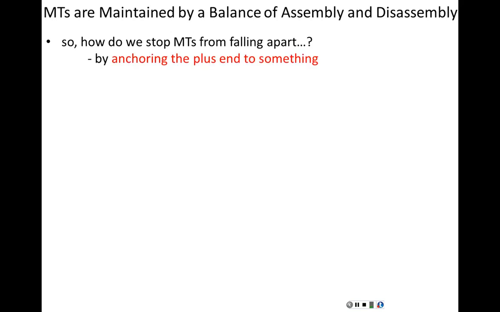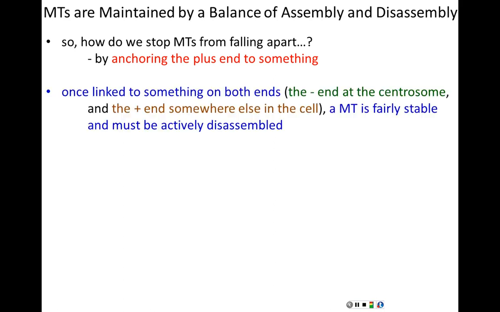Alright, so let's go back to this idea of dynamic instability and why you would ever do this as a cell and waste this energy. So, if microtubules are so important, why do they rapidly fall apart all on their own? And more importantly, how do we stop this from happening? Well, we stop microtubules from disassembling by anchoring the plus growing end to something.